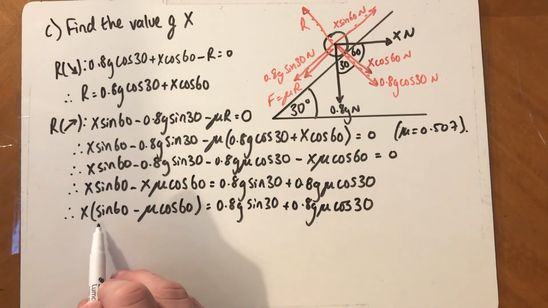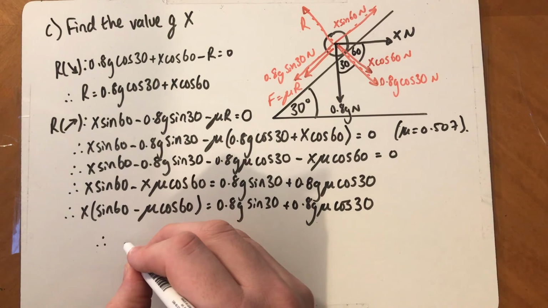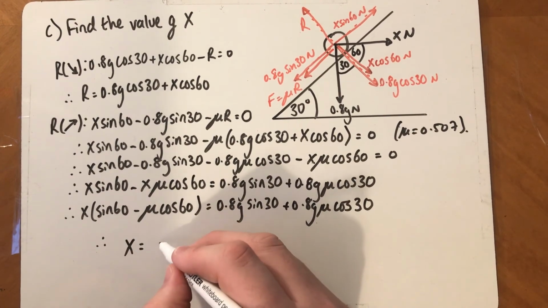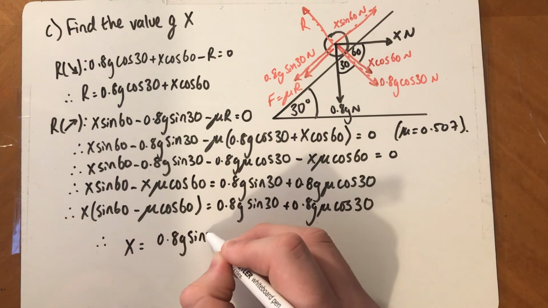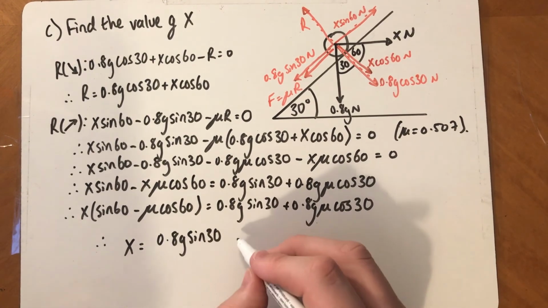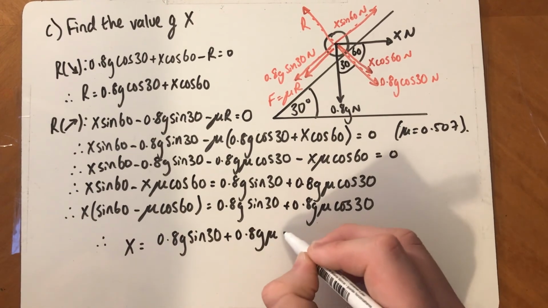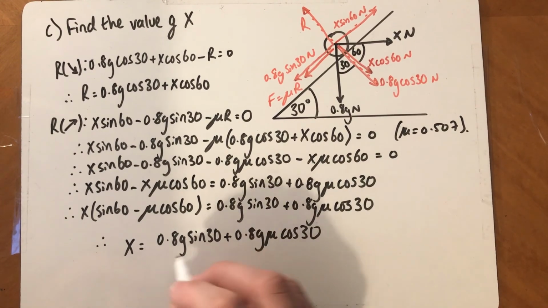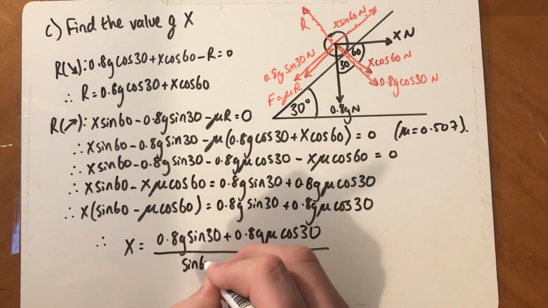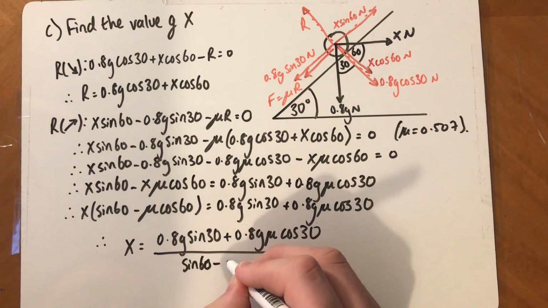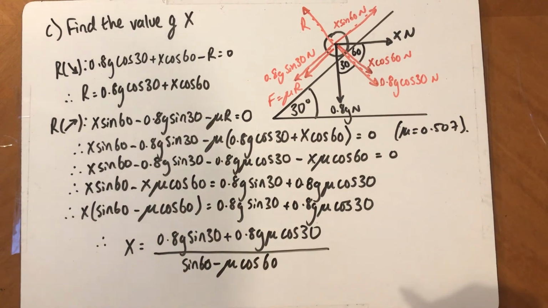Now dividing both sides by the bracket, we can therefore say x is equal to 0.8 g sine 30 plus 0.8 g mu cos 30 divided by that bracket, which is sine 60 minus mu cos 60.